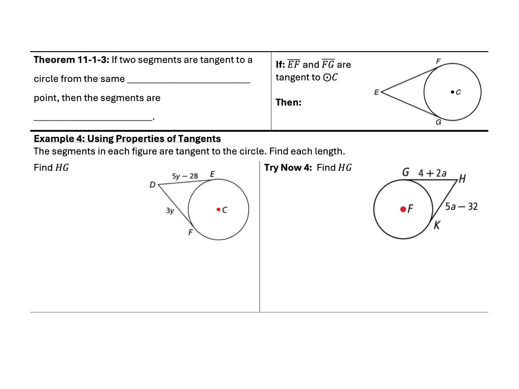For our final example in this lesson, we're going to talk about what happens if two segments are tangent to a circle at the same external point. So in our diagram here, this point E is an external point because it's outside the circle.